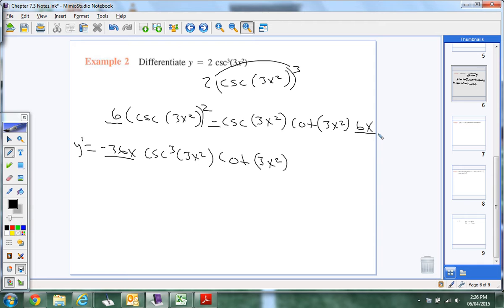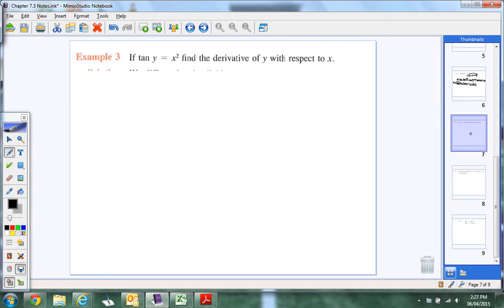I can multiply all those, and that gave me -36. Again, cosecant squared times cosecant is cosecant cubed, and the cotangent is the cotangent. Questions or concerns with that? Anything else? Clarification? Good? All right.